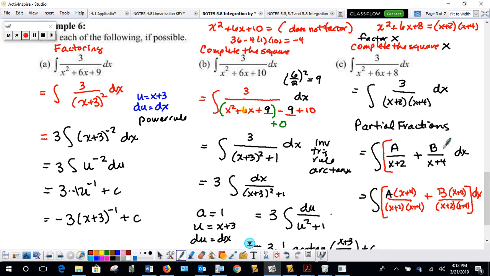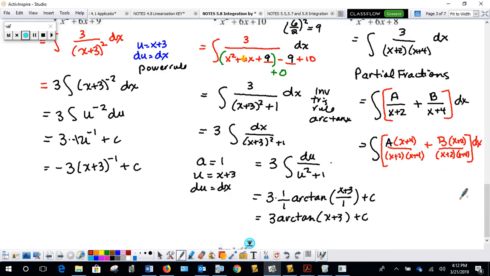And then what you're doing is basically creating a system where you know that ax plus 4a plus bx plus 2b has to equal 3 because that's what you had right there. And another way of looking at this is to know that that's 3 plus 0x. And so ax plus bx means a plus b had to equal 0.